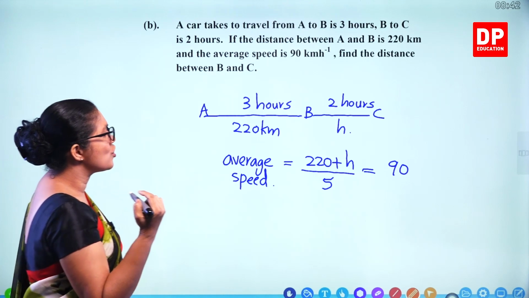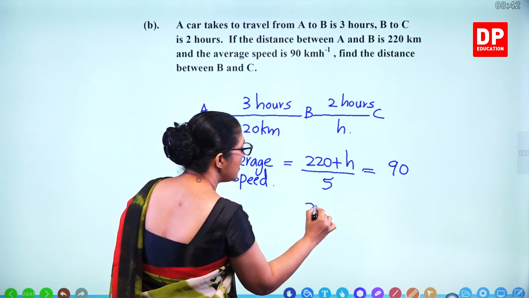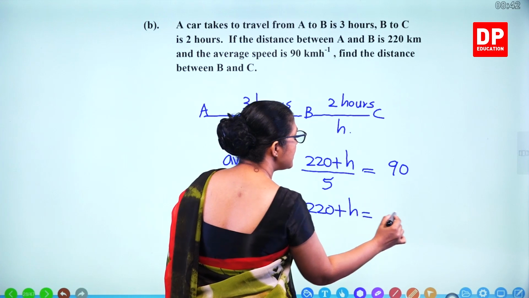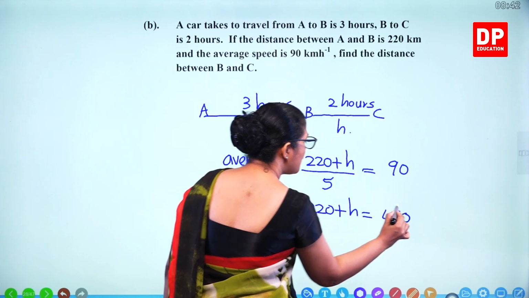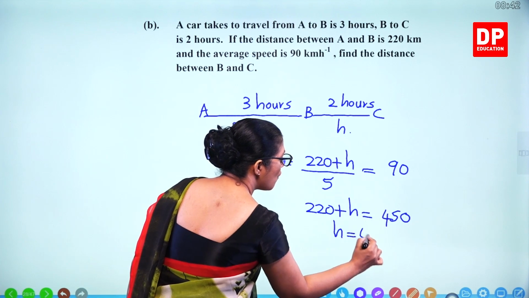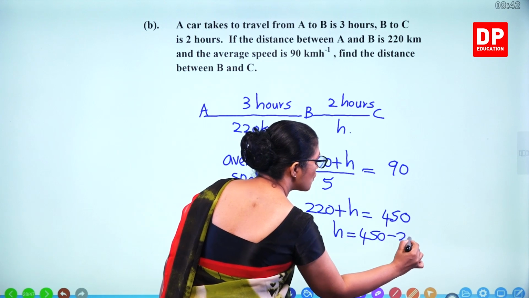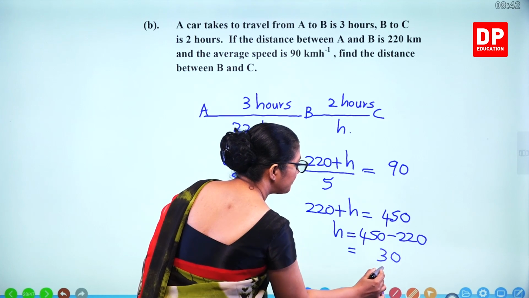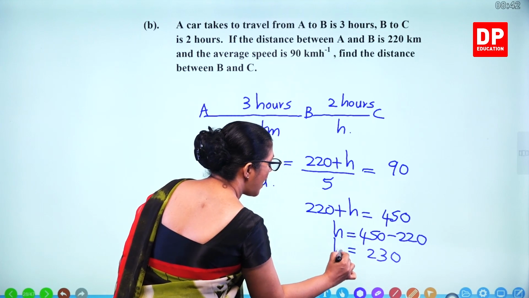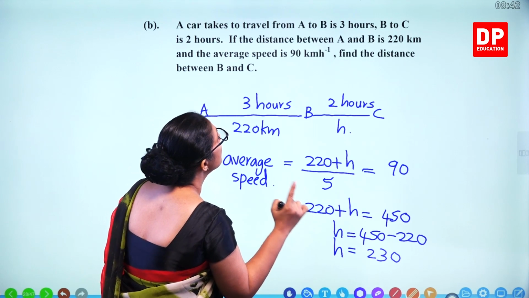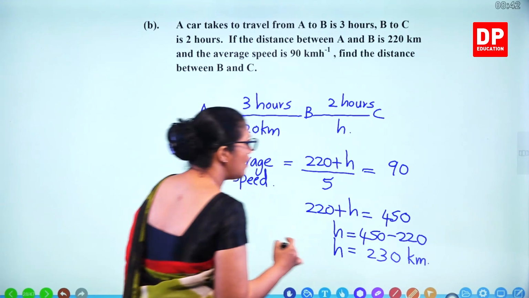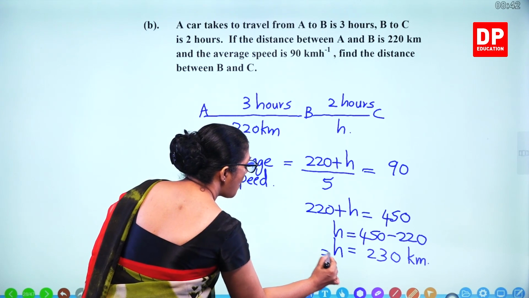Now solve the equation. Multiply both sides by 5. 220 plus H equals 5 times 90, 450. So what's H? 450 minus 220, you get 230 kilometers. So that's the BC distance.